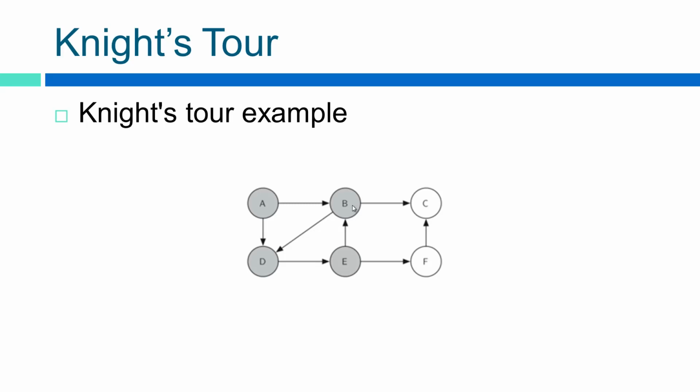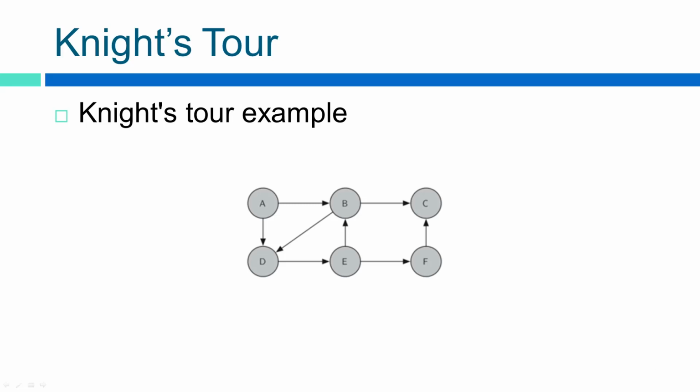E, F hasn't been explored, so we go to F, and then finally we've reached C. And by this last time that we reach C, what we'll notice is that n is going to be less than the limit, meaning we've already exhausted all the nodes in the graph, and at this point we can return true to indicate that we've made a successful tour of the graph. And when we return the list, the path is going to have the values A, B, D, E, F, C, which is the order we need to traverse the graph to visit each node exactly one time.